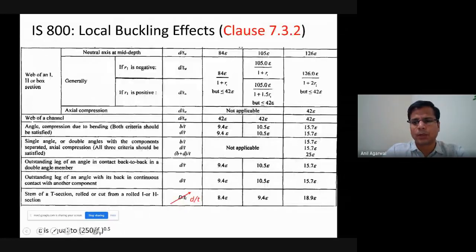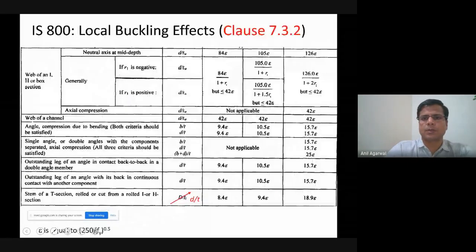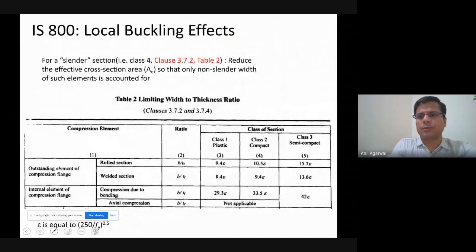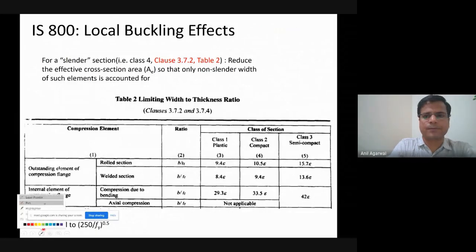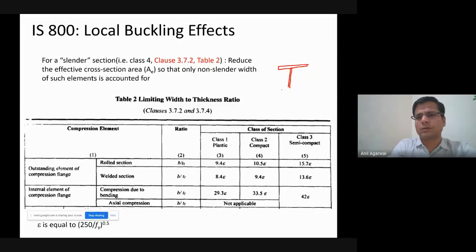So this is a long table, depending on how thick the cross-sectional elements are. For example, if I have a beam, sorry, my drawing is turning out very, very poor.